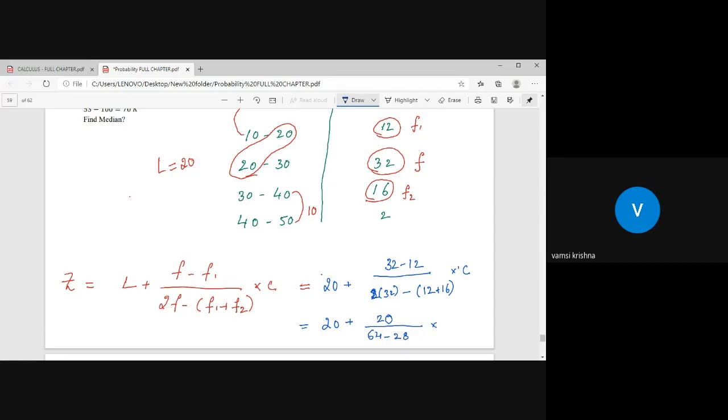Here class interval is 10. Do this value and give me the answer.